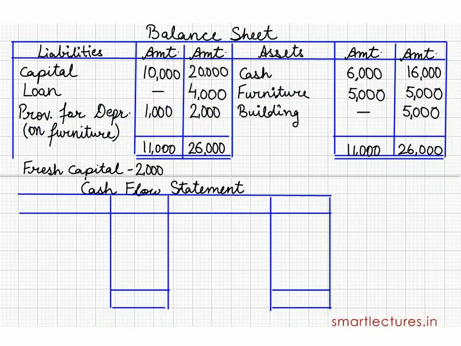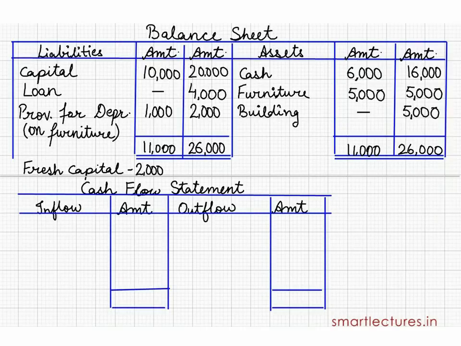Now I'm going to prepare the cash flow statement. It is prepared in T-shape, just like a balance sheet: on the left-hand side, inflows, then a column of amount; on the right-hand side, outflows, then amount. We should look at all the information one by one and see which is useful for our cash flow statement. First of all, fresh capital rupees 2,000.